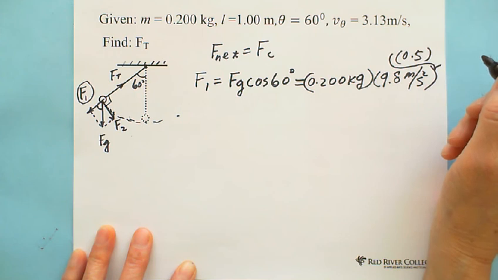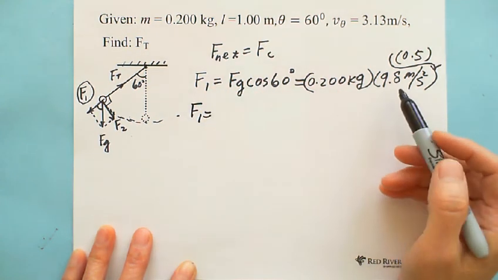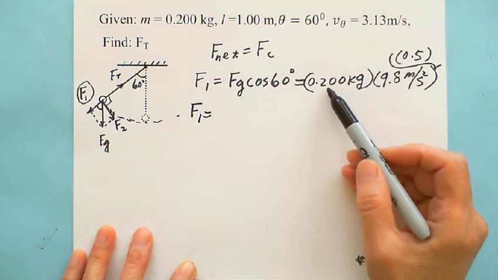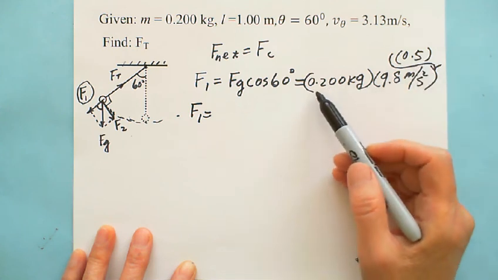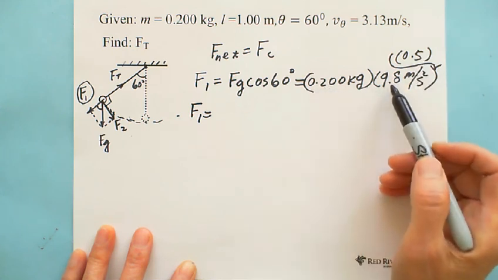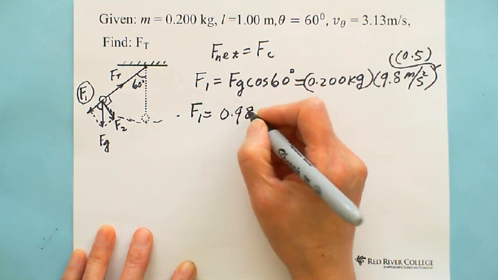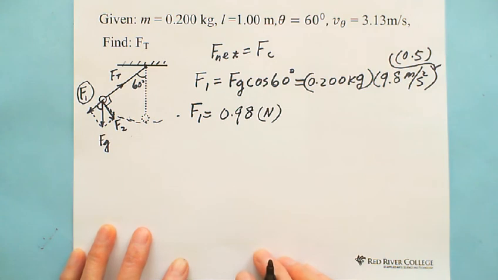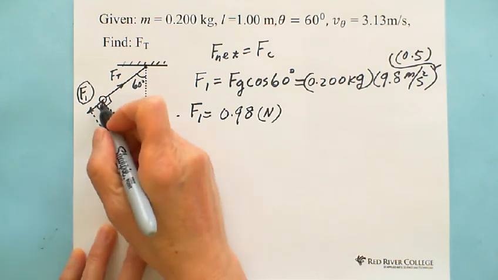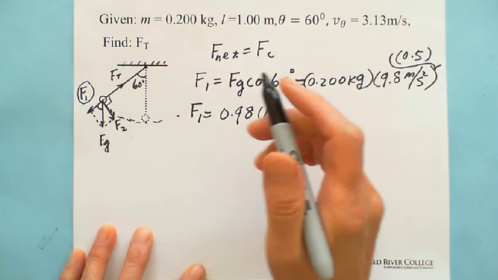So F1 equals 0.2 multiplied by 9.8 times 0.5, which gives F1 is 0.98 Newton. This is the part of the centripetal force we need.